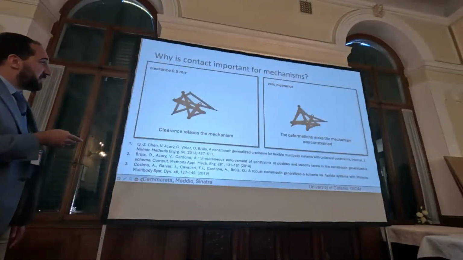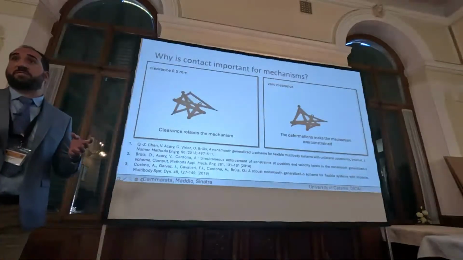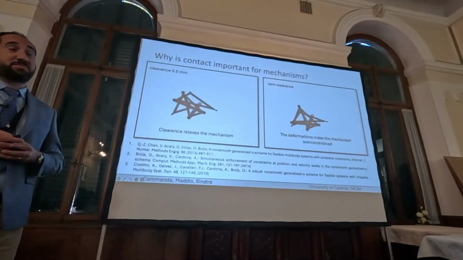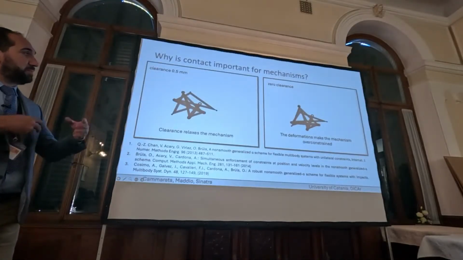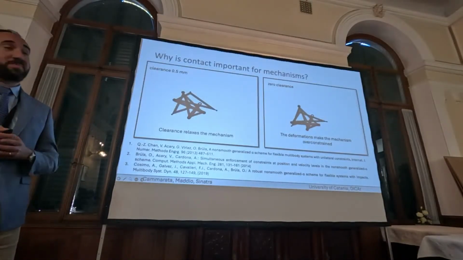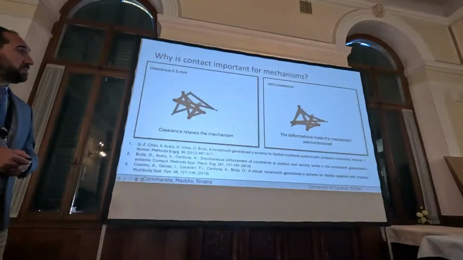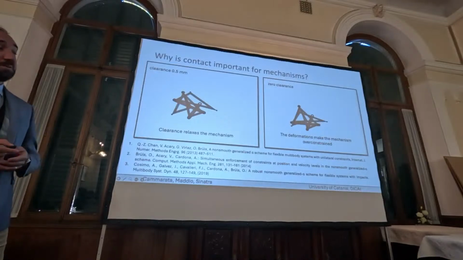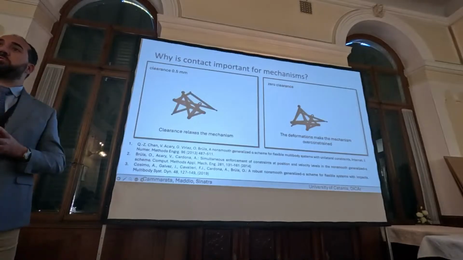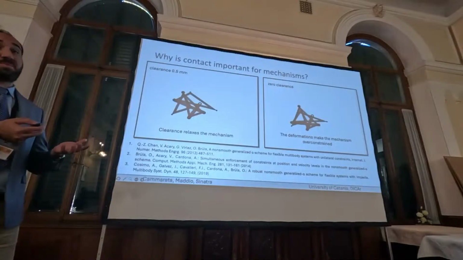So you can observe that even if they start with the same initial configuration, what happens during the simulations of these 6-bar mechanisms is that the ending configuration changes. So the kinematics changes, so the forces change. Another important aspect is that the deformations make the mechanism over-constrained because there is no space to move. So if you don't consider clearance and impacts, probably your mechanism will lock.